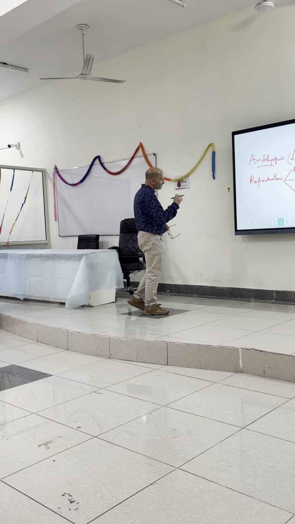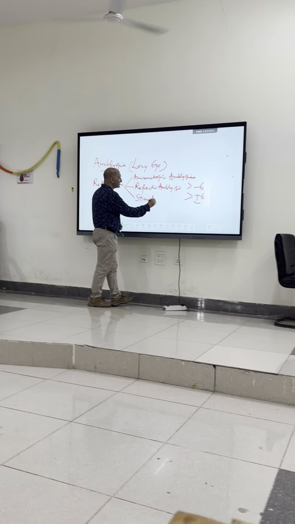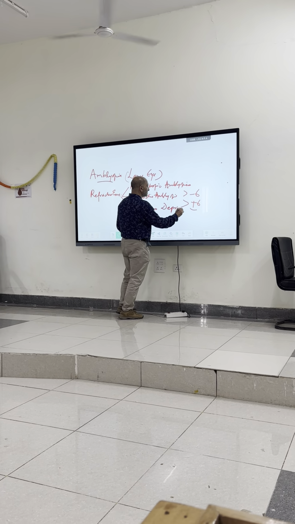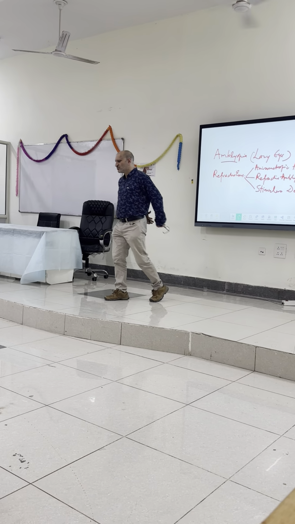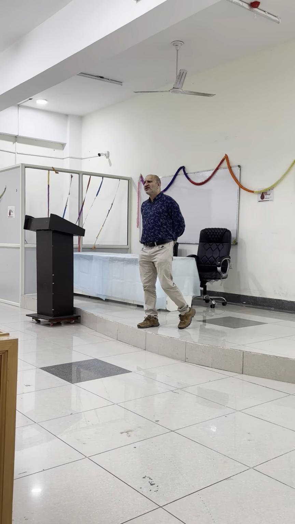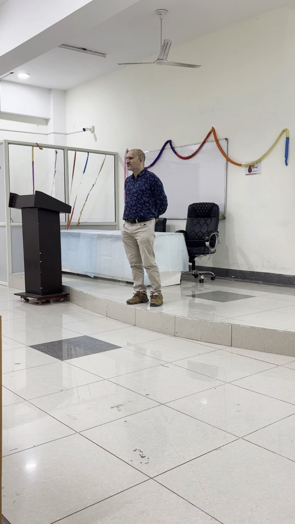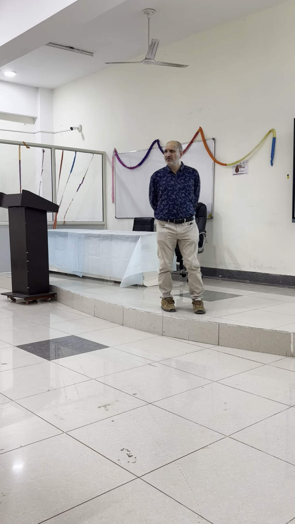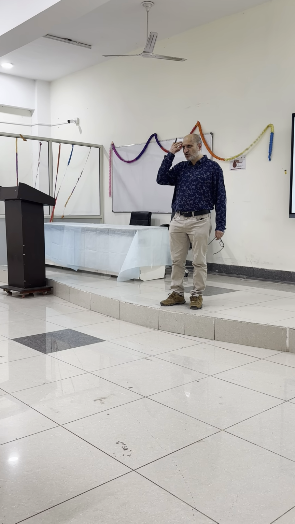Then this was about refractive amblyopia. Then we have one more amblyopia that's called stimulus deprivation amblyopia. What is stimulus deprivation amblyopia? The child is born with congenital cataract. He is not seeing. If this cataract is removed, he will develop normal vision. This is stimulus deprivation: the light does not reach the retina.